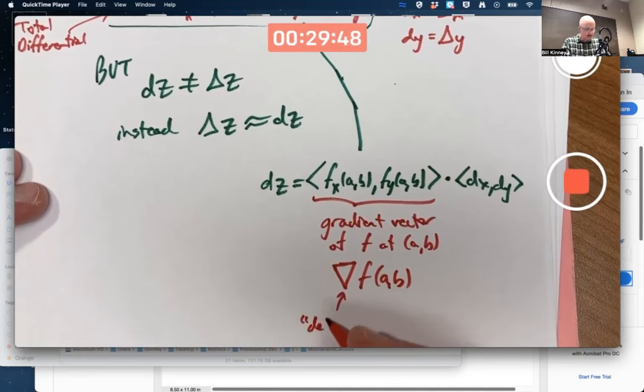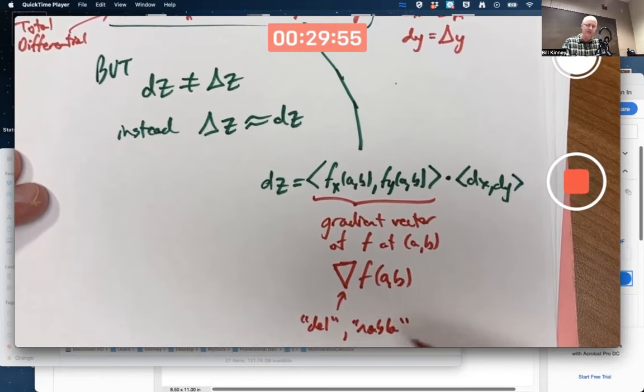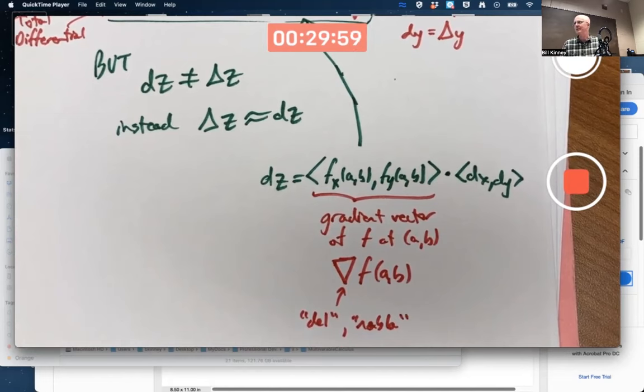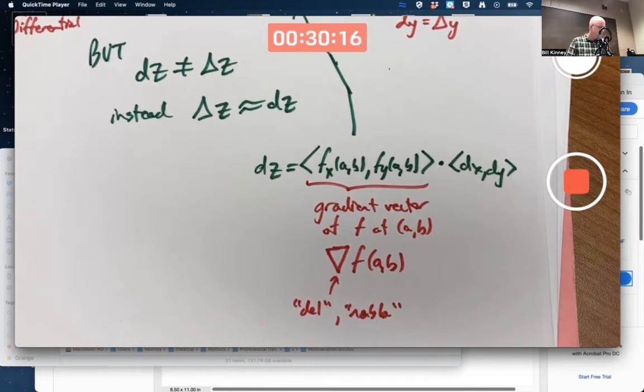Could call it del if you like. I've seen it called nabla, though people don't typically say nabla. Some people just say D, some people just say gradient. That's actually what I usually say: gradient. The gradient vector of f.